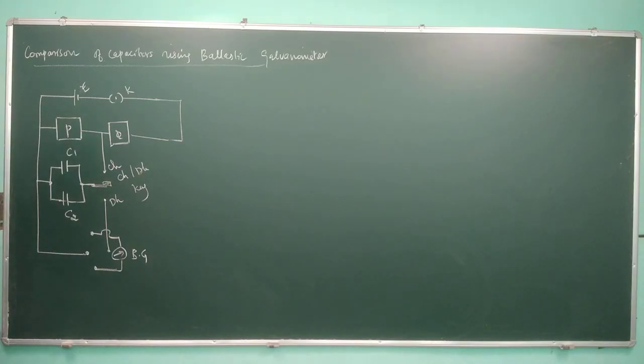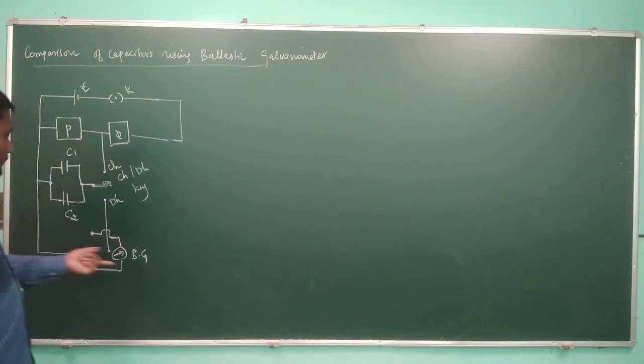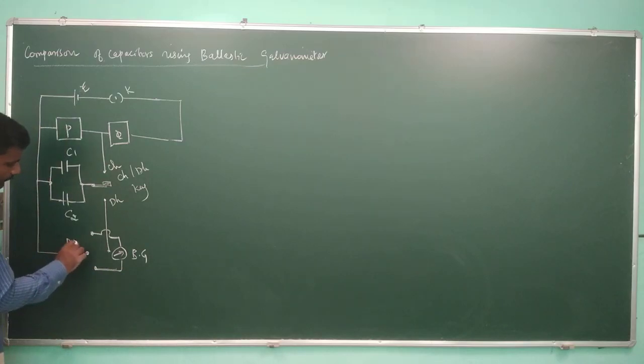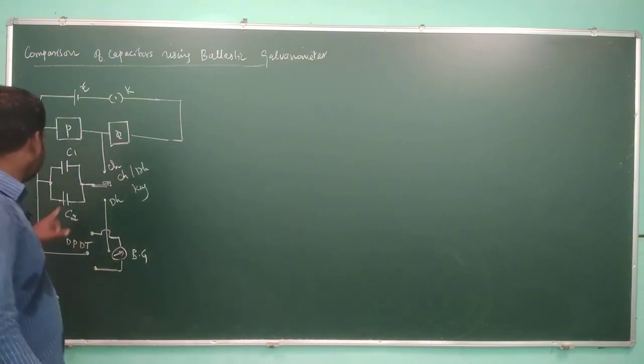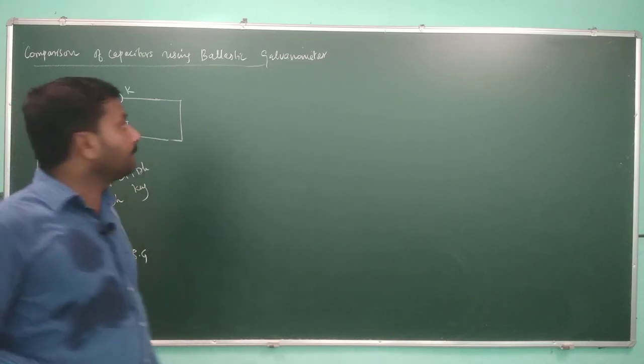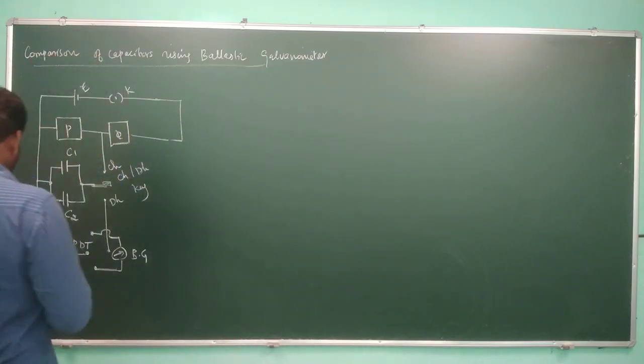If you enable the key, then there is a potential difference across P and Q, and the potential difference at P is applied to the capacitor C1 first, and we will see the deflection on the left side and right side on the ballistic galvanometer by changing the polarity using the commutator switch. Then we will do the same for the second capacitor. We can take the measurements, that is the deflection on the left side and right side, and by comparing these two things we will get the comparison of capacitors.